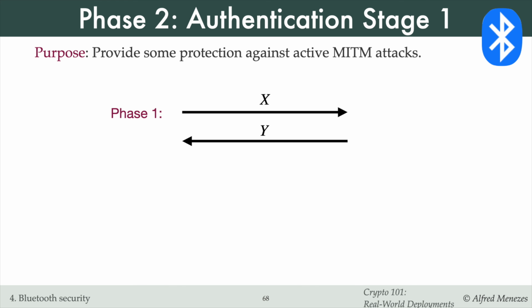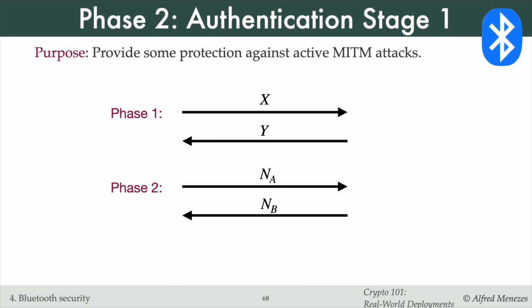The idea for detecting whether an active adversary interfered with the exchange of elliptic curve points X and Y in Phase 1 is the following. Alice and Bob each generate a 128-bit nonce and exchange them. They then compute verification values by hashing X, Y, and the nonces and display the results.